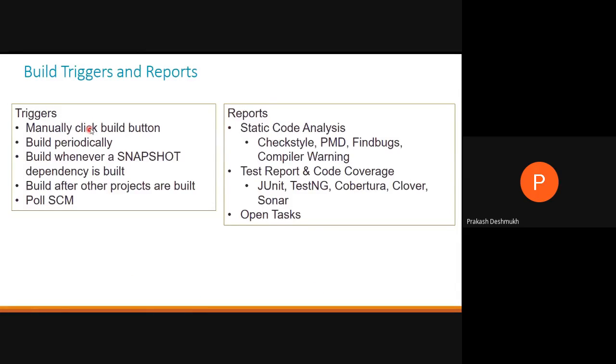So these are the triggers which I was talking about, like manually you can trigger the build or build periodically. So scheduling that, then build whenever a snapshot dependency build is there, or build after other projects are built, and poll SCM. So it will poll your SCM tool periodically, and if any change happens on the integration branch, it will trigger the build. So that sort of trigger is also available.